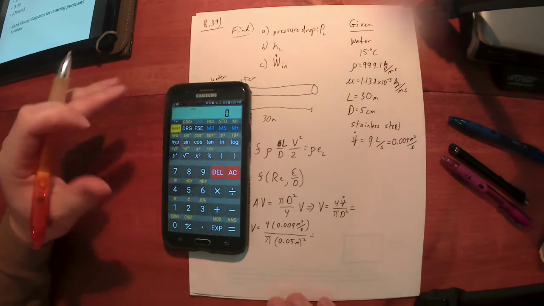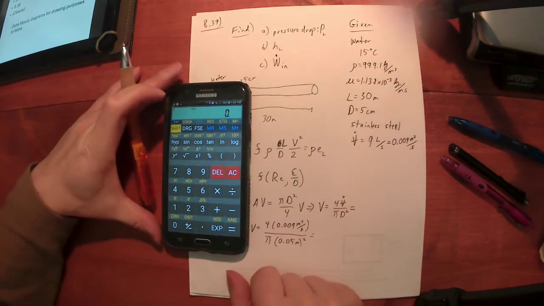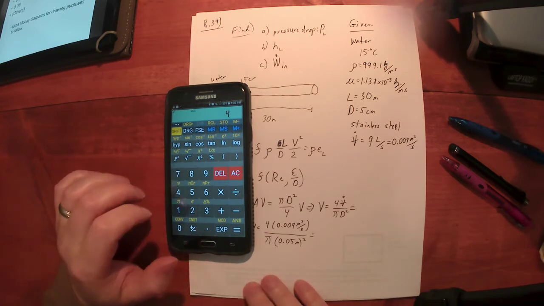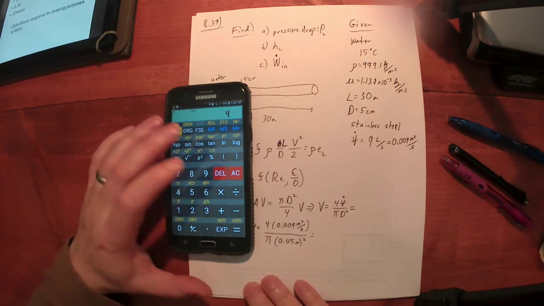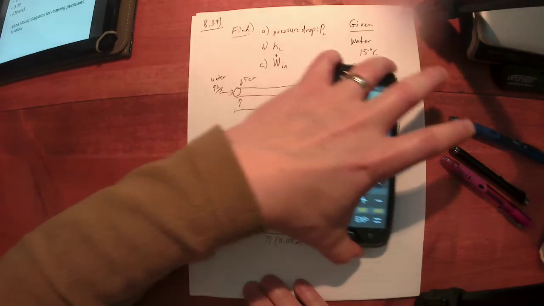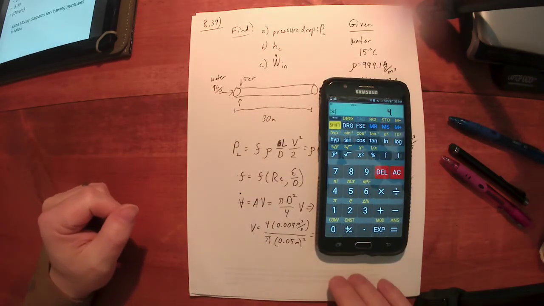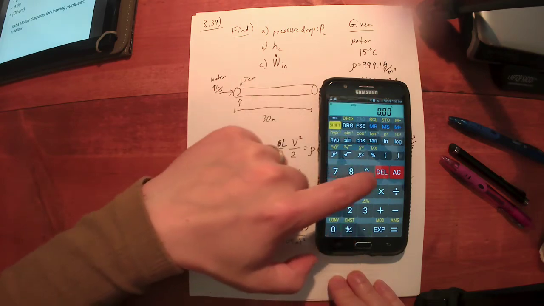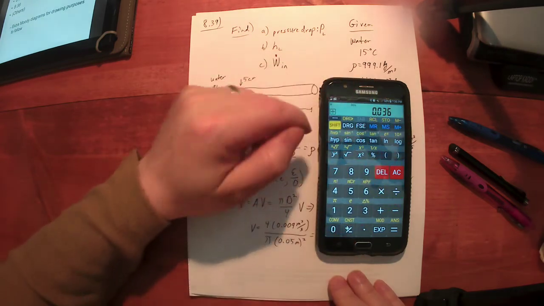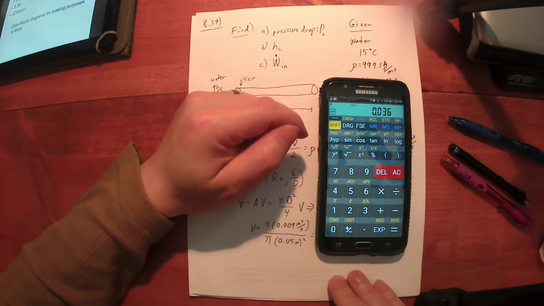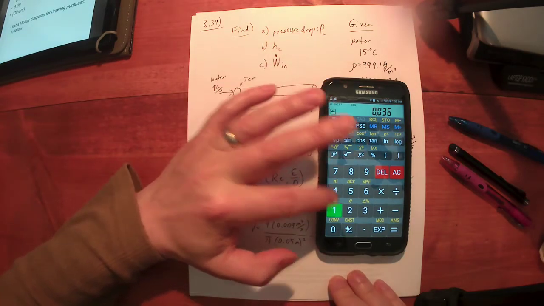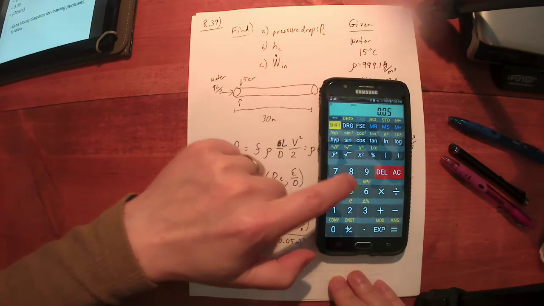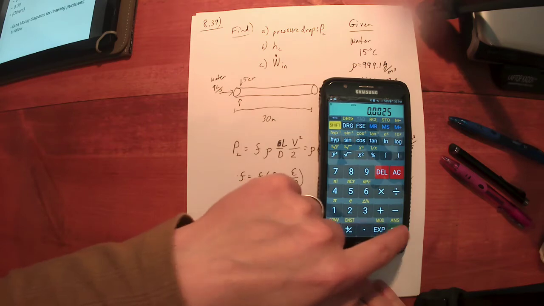Those of you who have had me in class before know to have your calculators out. I apologize, my phone screen is cracked, but I think it'll work for us. So that's going to be 4 times 0.009 divided by pi, divided by 0.05 squared.